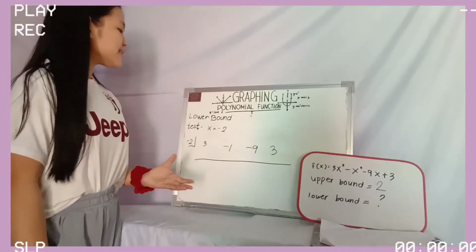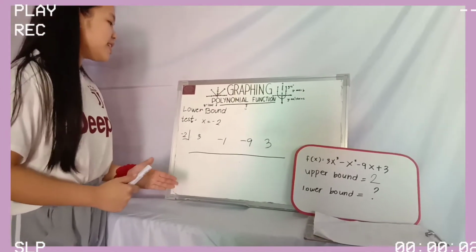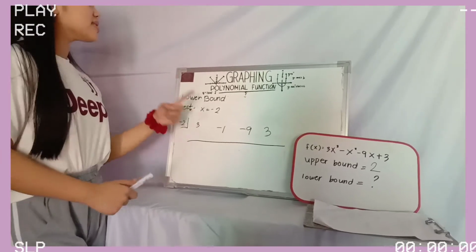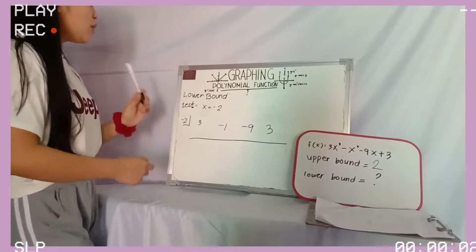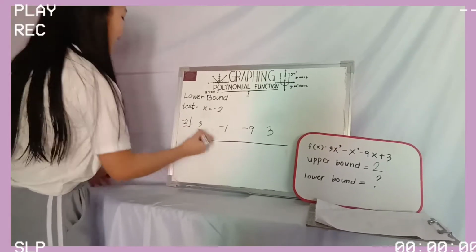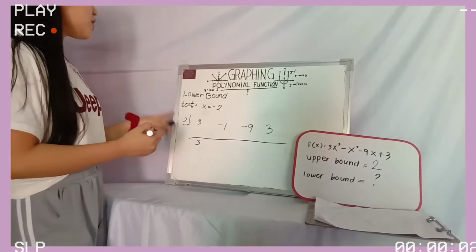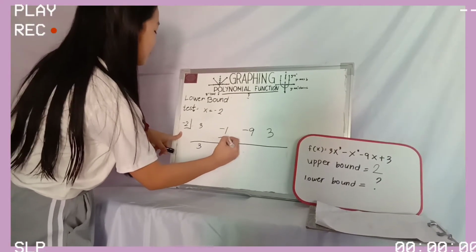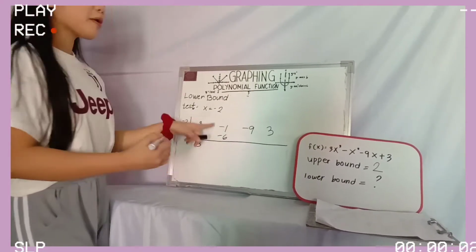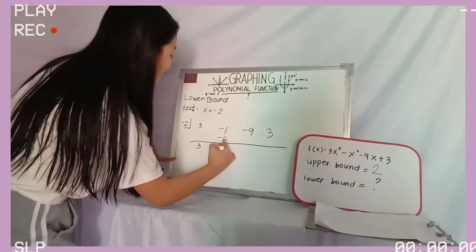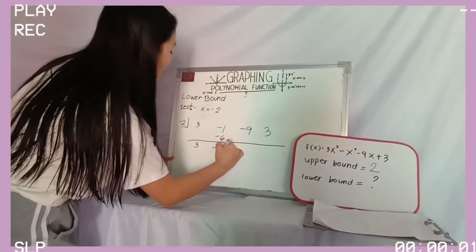Since x equals negative 1 is not the lower bound, let's test x equals negative 2. We need to bring down 3 and multiply it by the divisor, which leads us to negative 6. Perform the operation and our answer is negative 7.